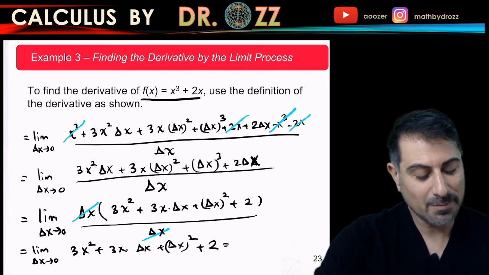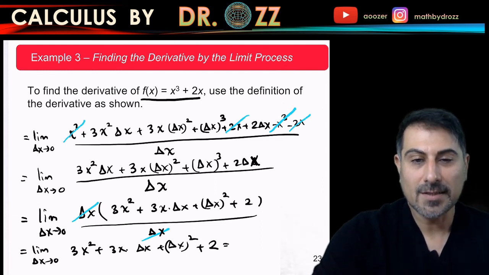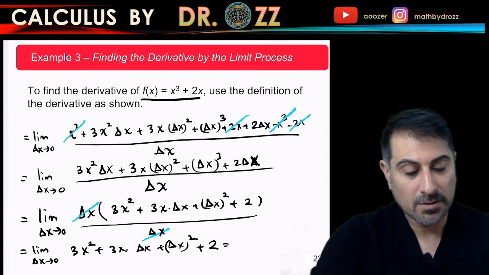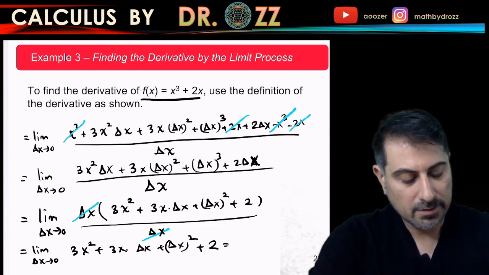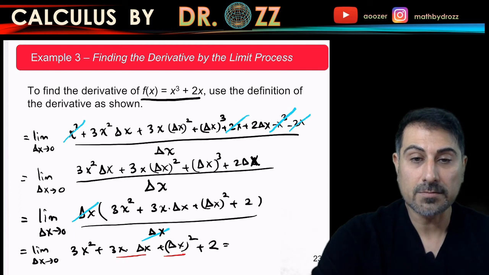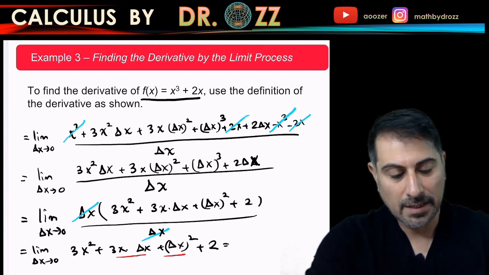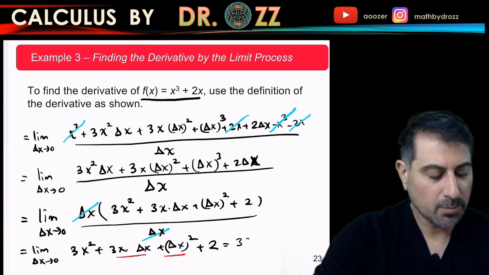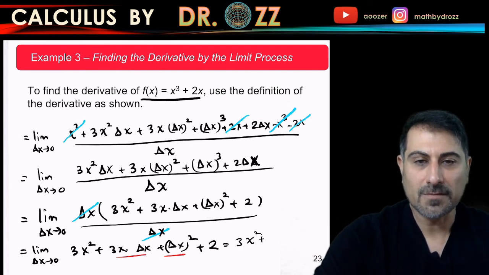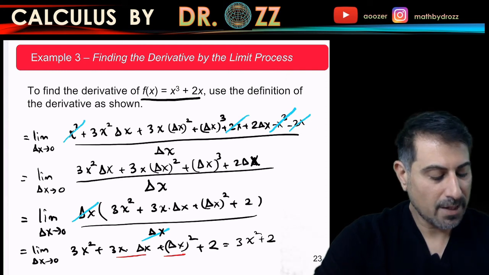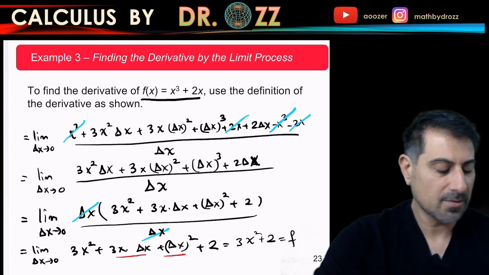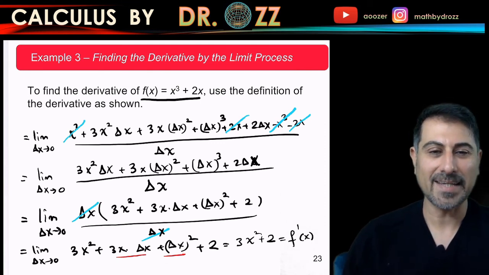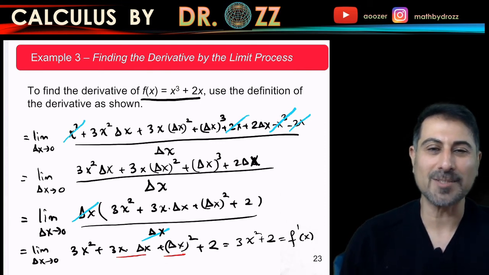Now I can pass the limit because delta x itself is approaching 0, so I can use direct substitution. Essentially, these terms are going to tend to 0, and I'm going to be left with 3x squared plus 2, which is in fact what we call f prime of x. So the derivative of the function x cubed plus 2x is 3x squared plus 2.